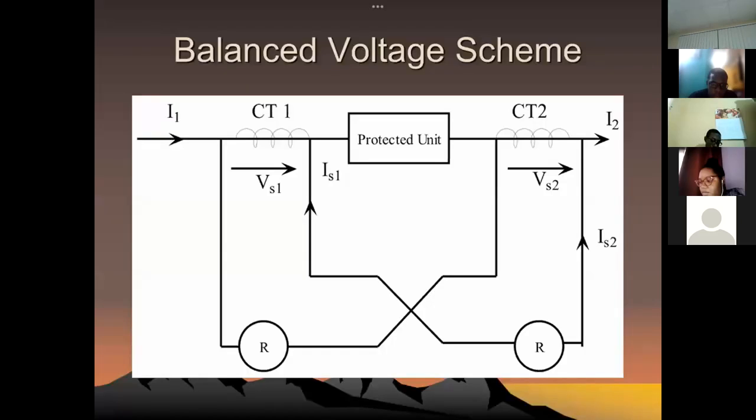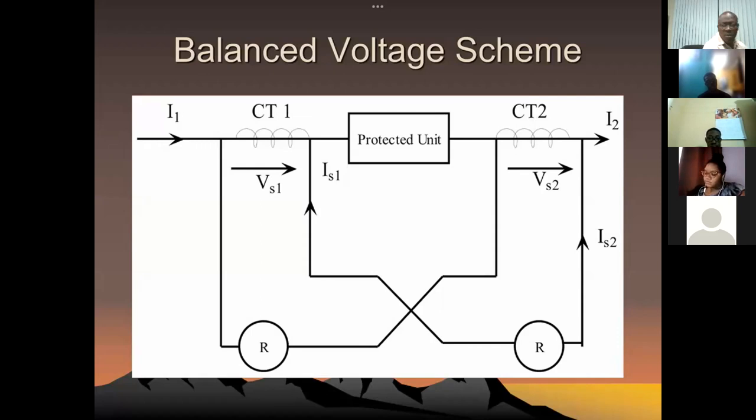All right, now for the voltage balance scheme, basically what you have are two CTs connected in series opposition. All right, and if voltage VS1 and VS2 are equal, then there is no voltage drop or difference in potential.